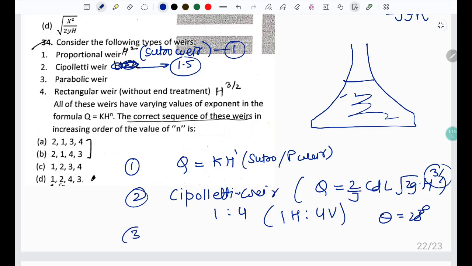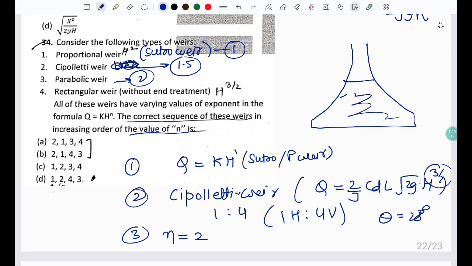For a parabolic weir, the n value is 2, and then for a rectangular weir it is 3 by 2, that is h to the power 3 by 2. So in increasing order, what will be the sequence?